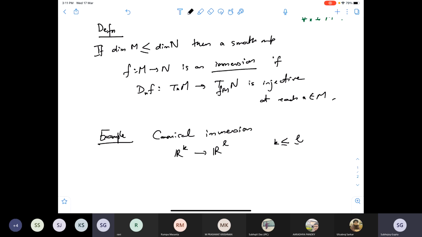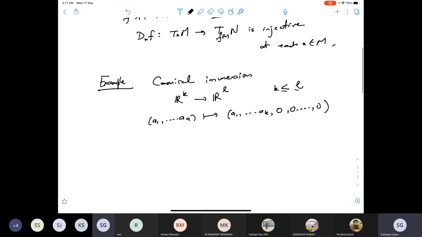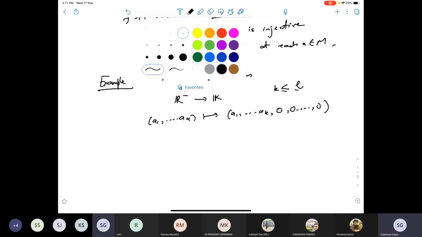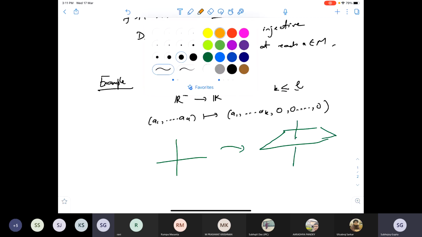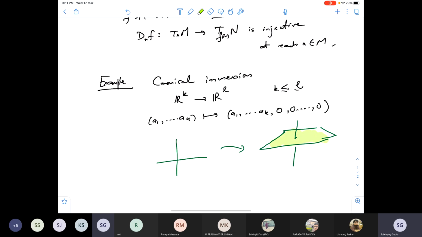A canonical immersion just means (a1, ..., ak) goes to (a1, ..., ak) followed by zeros. The picture you can have in mind is R2 mapping inside R3, mapping into this plane, where the rest of the coordinates are 0.